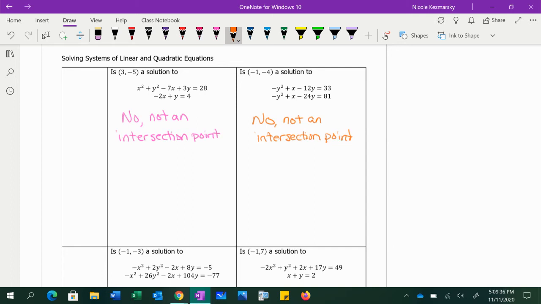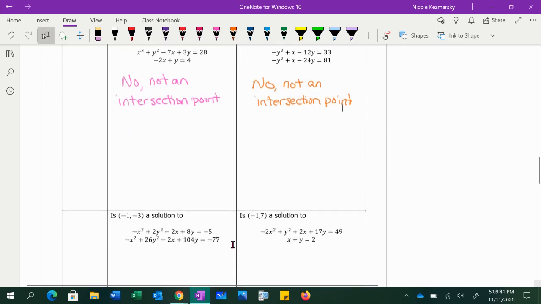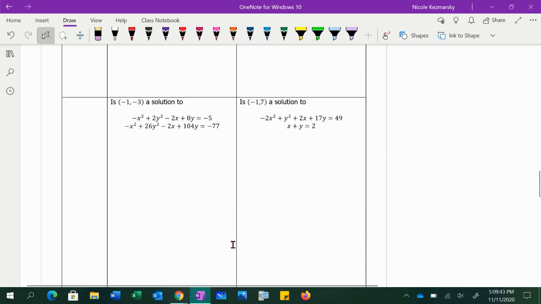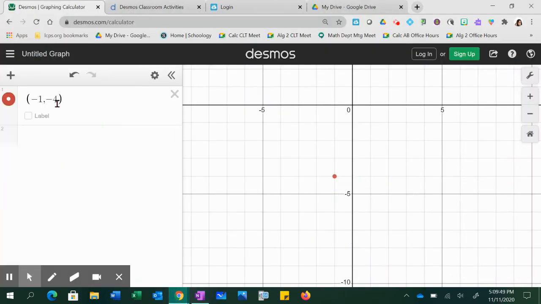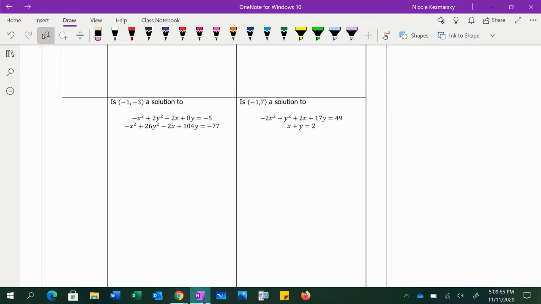All right, let's see if we have any better luck with the bottom two. So we've got negative 1, negative 3. So negative 1, negative 3 is going to be our point. So let me go in here and clear this out and do negative 1, negative 3. And we're going to go ahead and type this in.